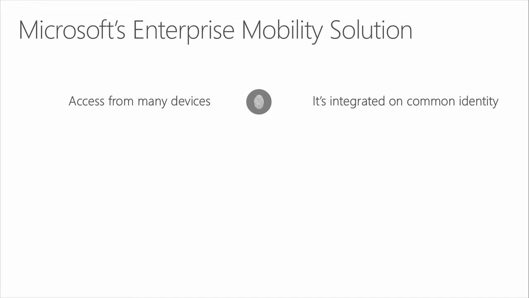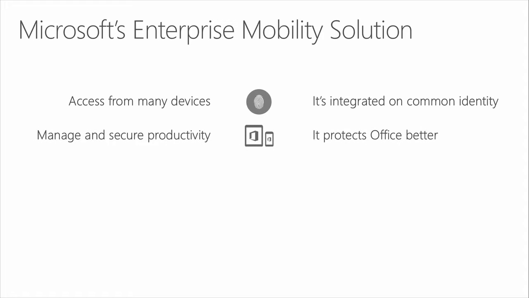We're going to start with an overview of Microsoft's Enterprise Mobility Solution. And what's different about the Enterprise Mobility Solution? One is access from many devices. And that's a great opportunity to look at an integrated common identity. Manage and secure productivity. It's a goal, but we protect Office better with Enterprise Mobility. Preserve existing investments.